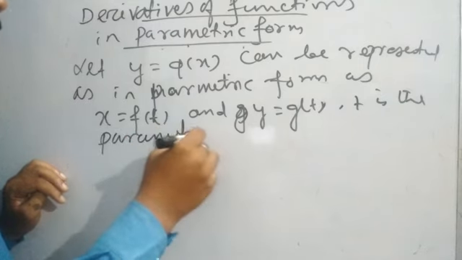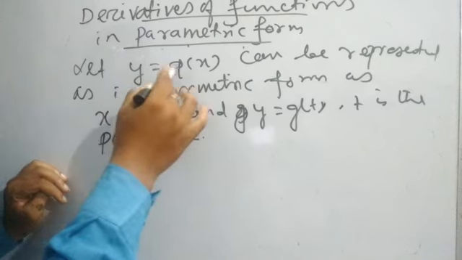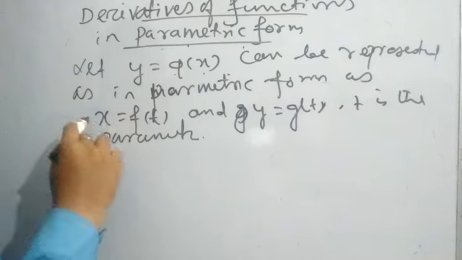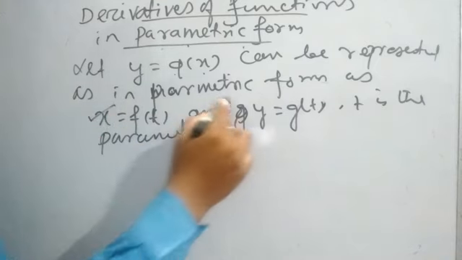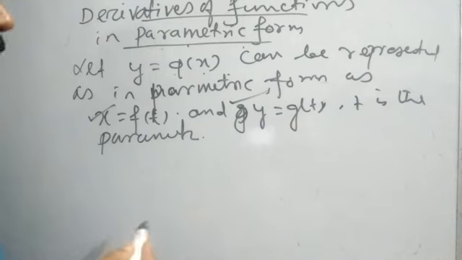So this function y is equal to phi x can be represented in parametric form as the two functions x and y, both are functions of t, t is the parameter.